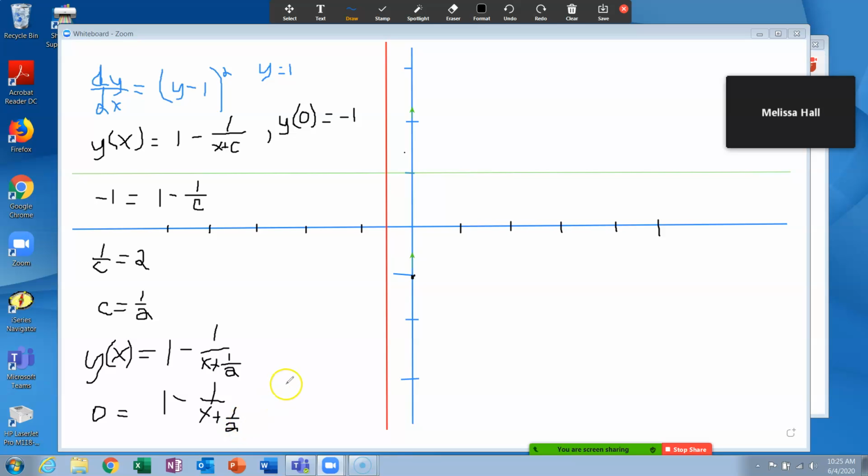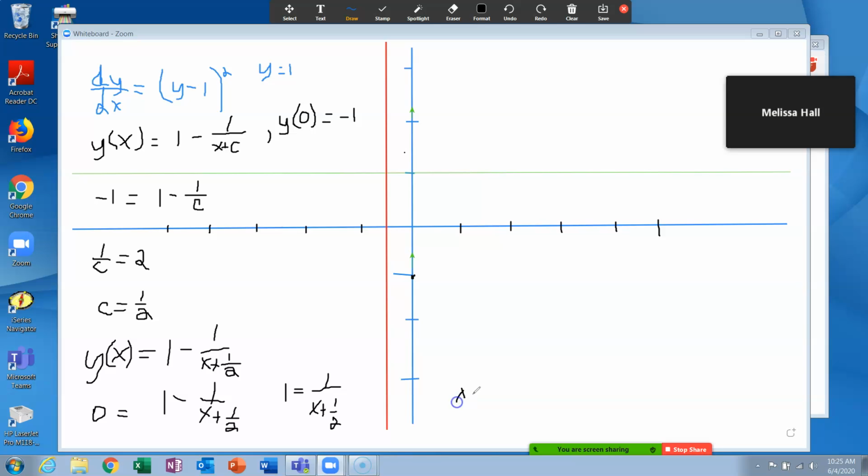So that means that 1 is equal to 1 over x plus 1/2. Which I hope also means that x plus 1/2 is equal to 1, right? Just invert both of them.